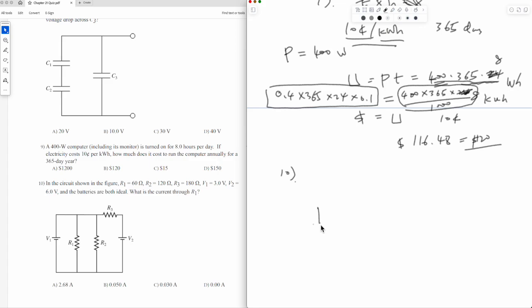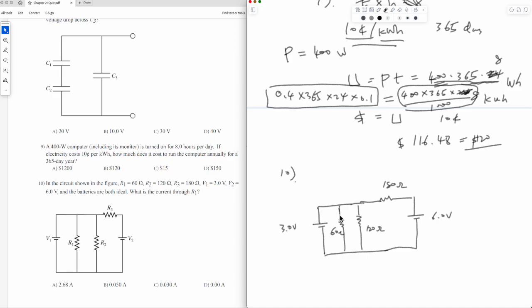You have V1 is 3.0 volts, and then you have R1 is 60 ohm, R2 is 120 ohm, and R3 is 180 ohm, and then you have V2, which is 6.0 volts. This is the circuit.